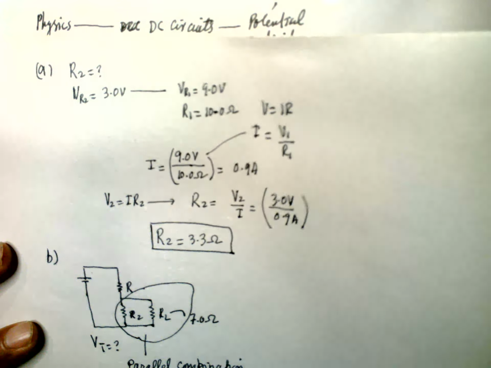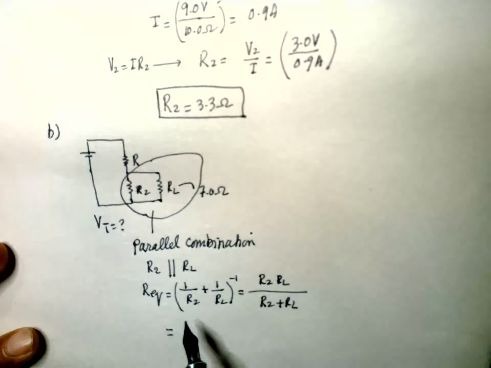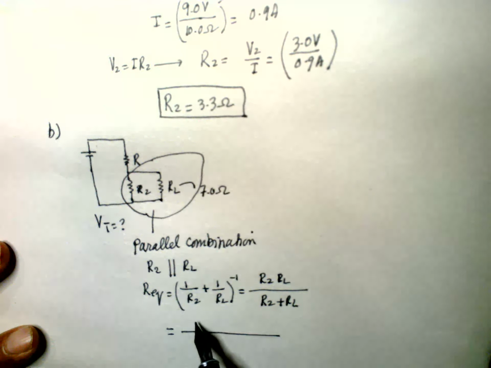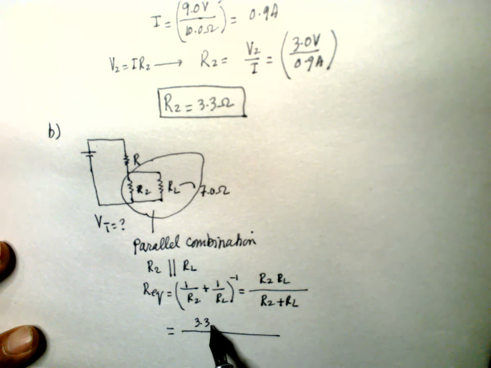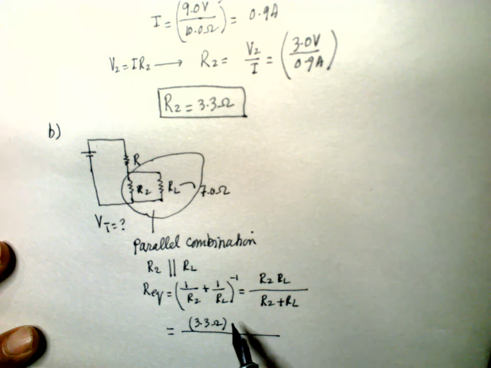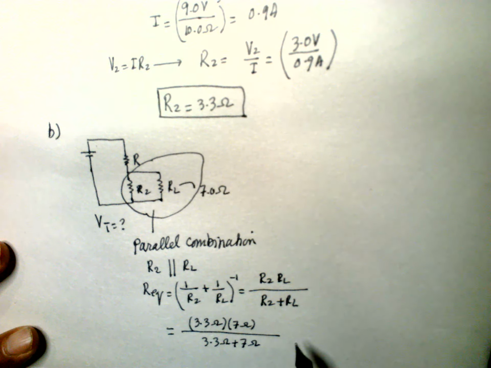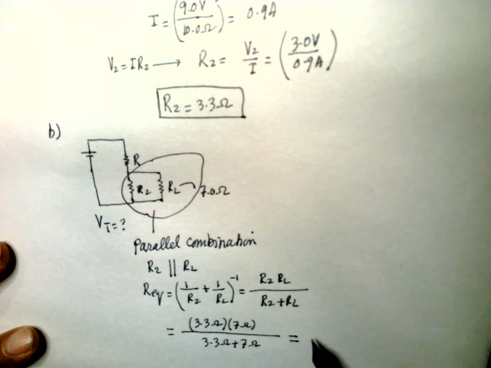And this will be equal to R2 is 3.3 ohm and RL is 7 ohm, over 3.3 ohm plus 7 ohm, and this is equal to 12.26 ohm.